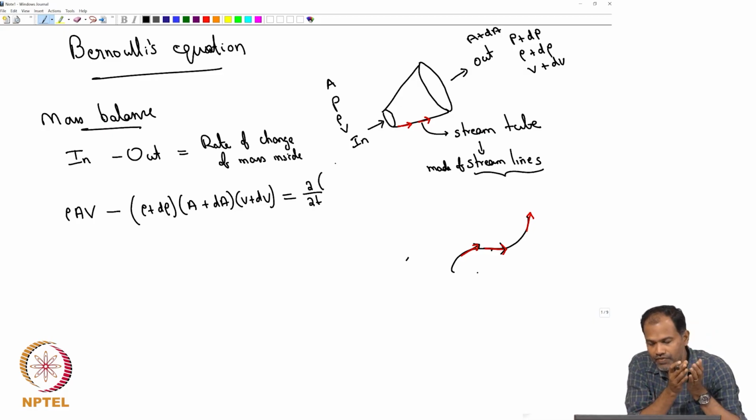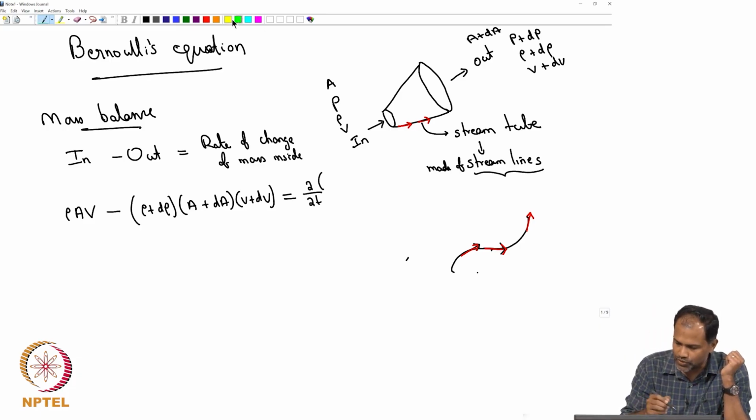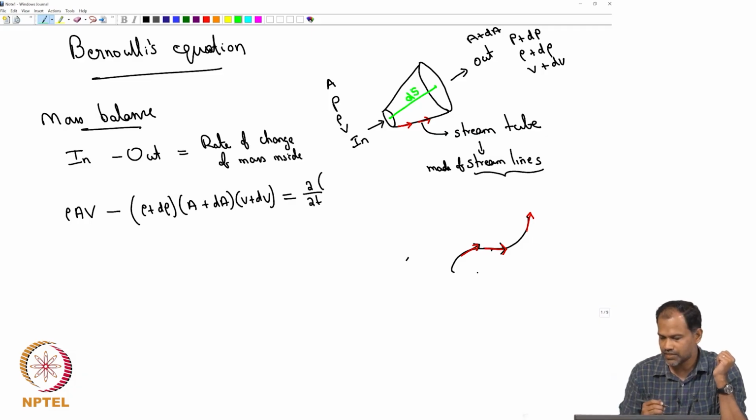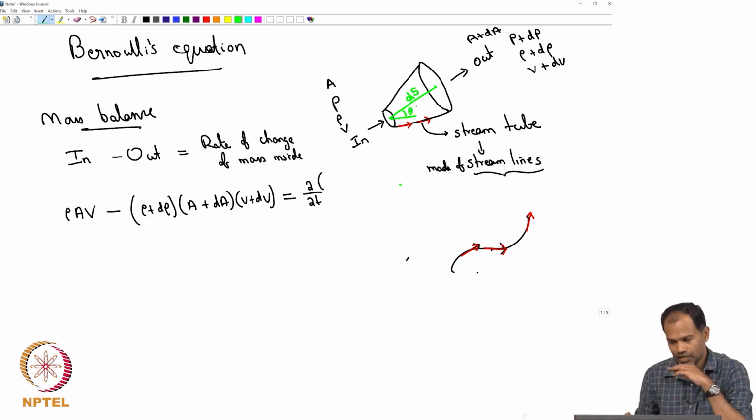So, the volume is given by some area times a particular length. Let us mark the length also. Let us say from the center to here the length is given by ds, and also let us say that this is actually at an angle theta with respect to the horizontal.